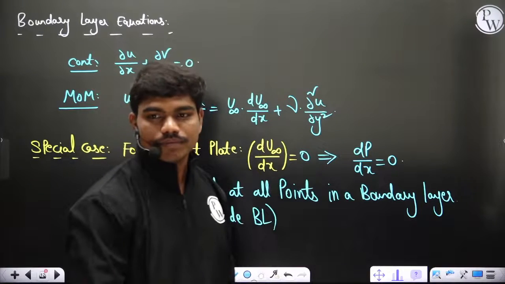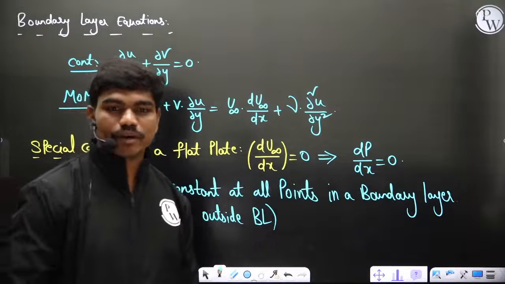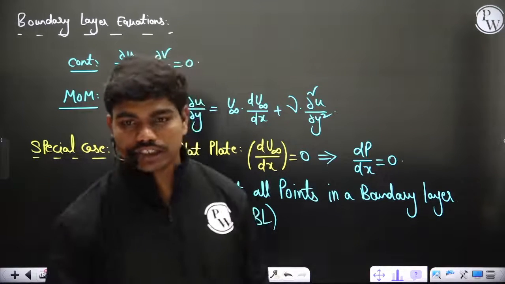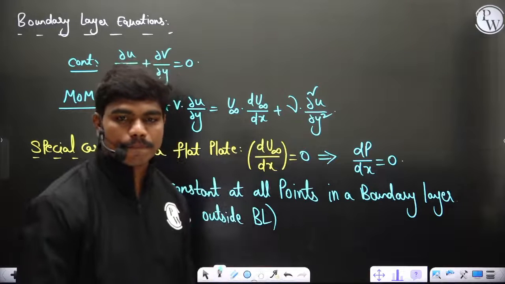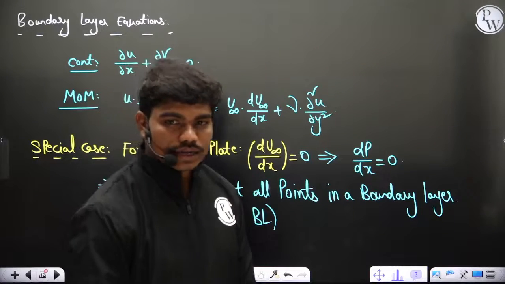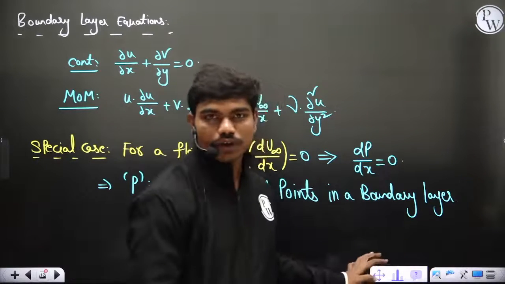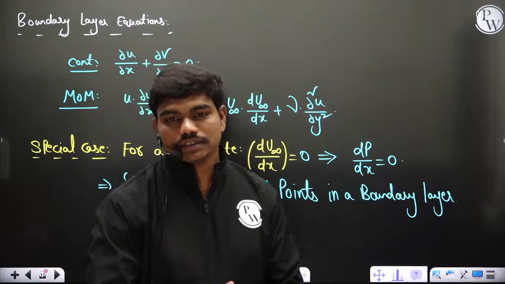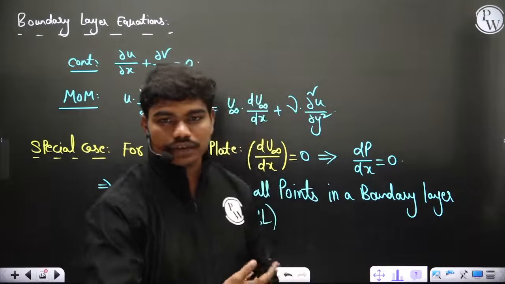Many times you might have read that pressure is constant in a boundary layer, but why? This is the answer. Is this clear to all of you now?